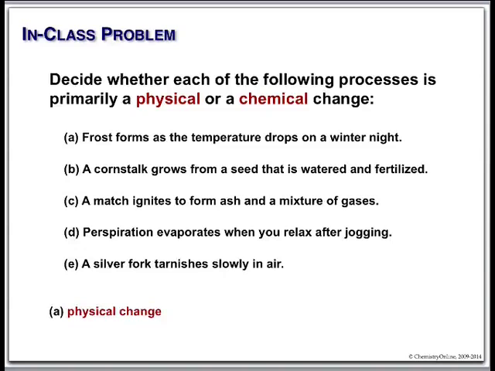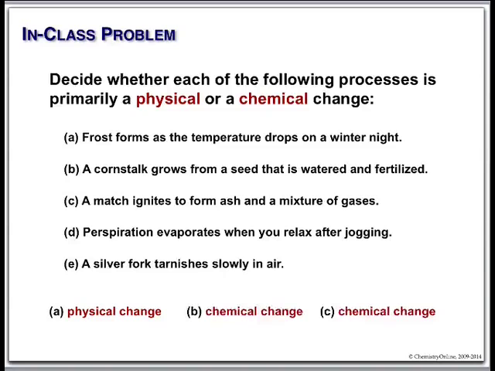The corn stalk that we wind up with is totally different than what we started with, right? This is actually a huge number of chemical changes happening as it undergoes this biological transformation. And the neat thing about biochemistry, if it's taught right, is that you can appreciate the chemistry in each of these steps.